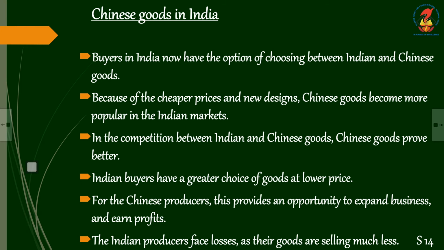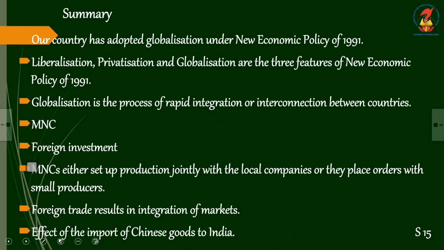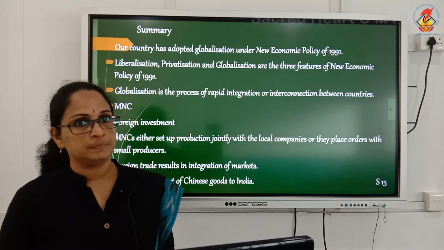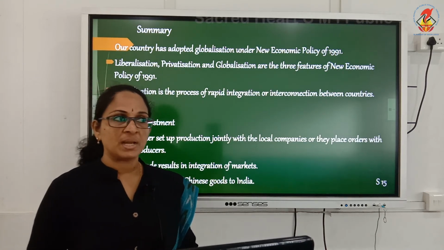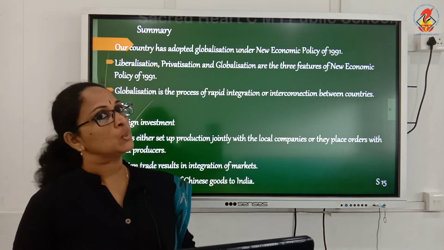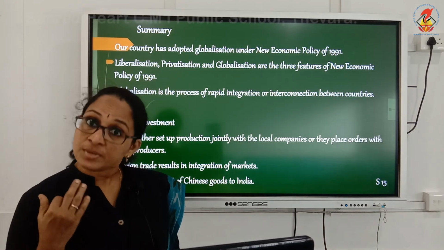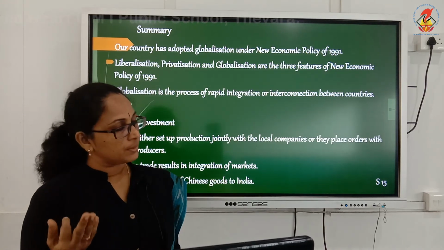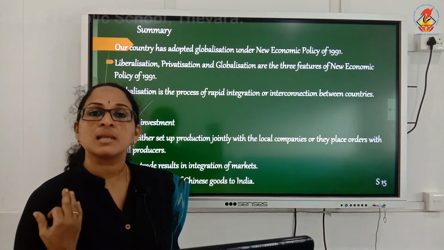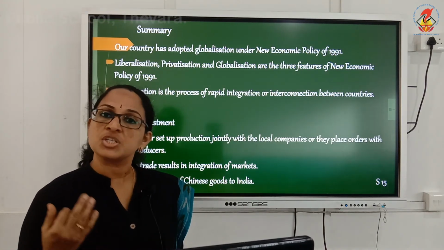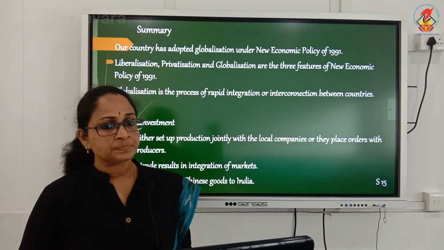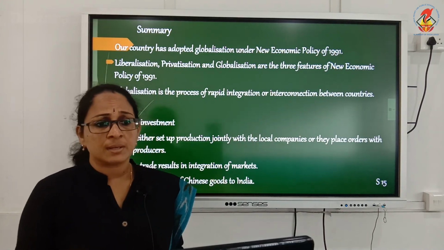Coming to the summary, children, what we have discussed in this part 1. In globalization, we started from the new economic policy, because globalization was adopted under the new economic policy of 1991, and there are 3 features of the new economic policy: liberalization, privatization and globalization. What is globalization?